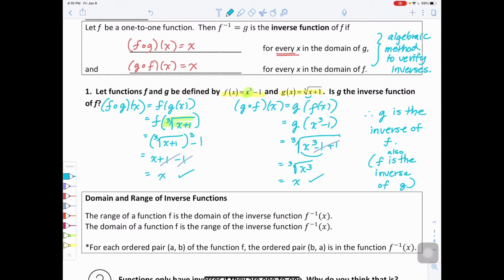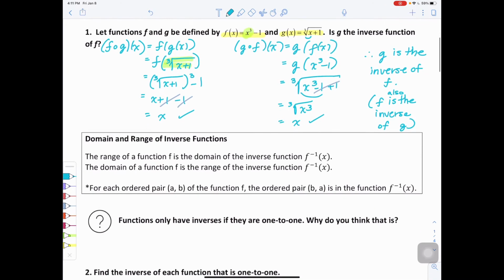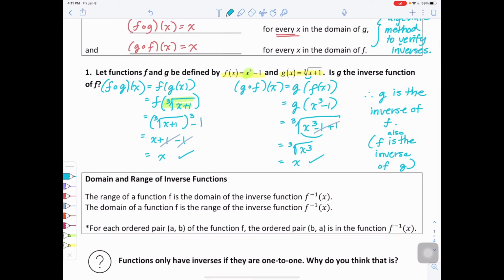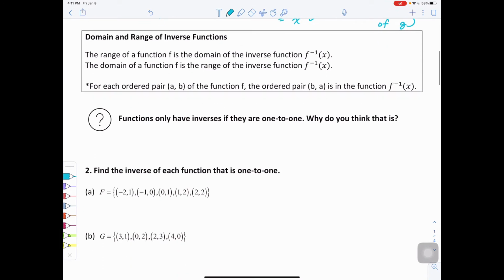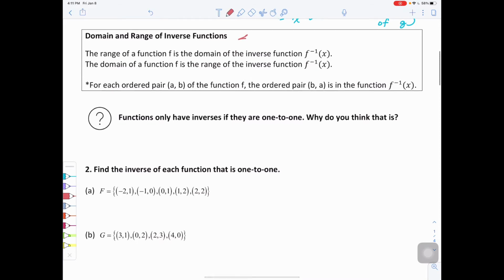So algebraically, that's how you can show that two functions are inverses of each other. This is for the verification, not finding the inverse. Okay, let's go to the domain and range of inverse functions. This is really nice because inverse functions interchange their domains and ranges.